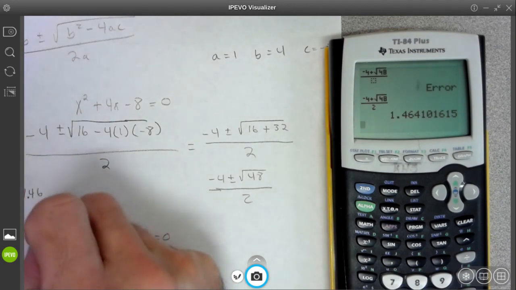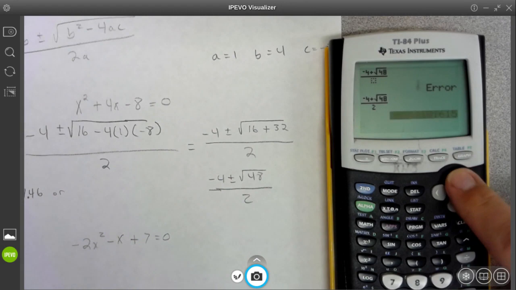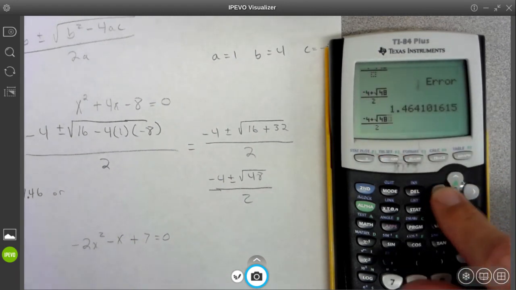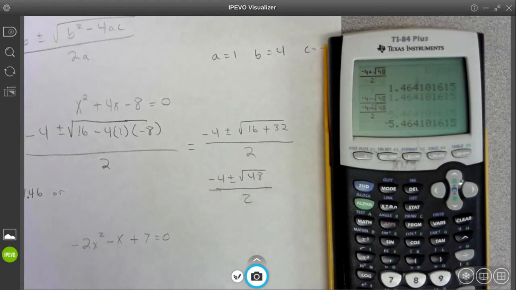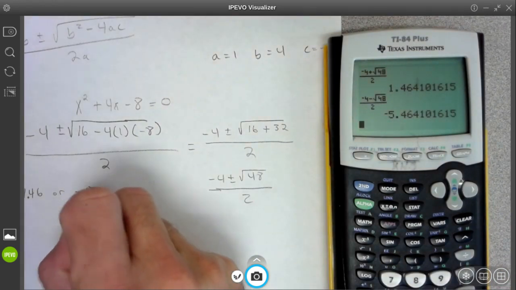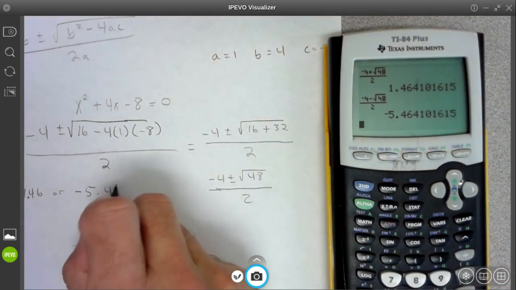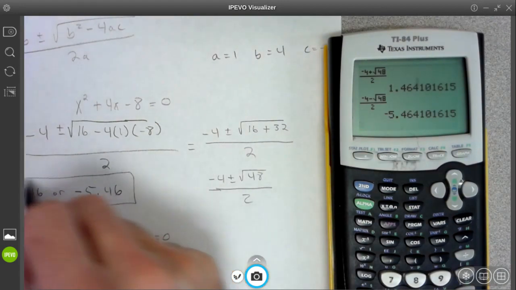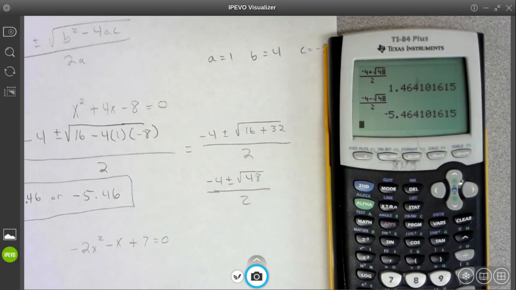That was the plus version. Now we're going to do the minus version. All right, come on, minus. There we go. You get -5.46. All right, that solves that little quadratic equation.